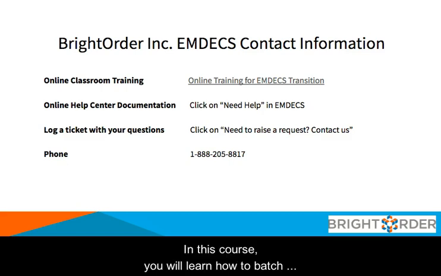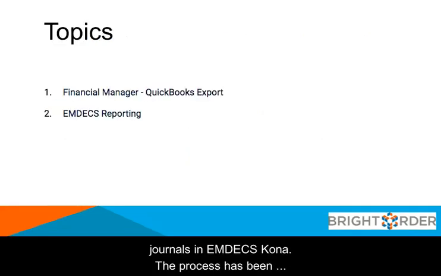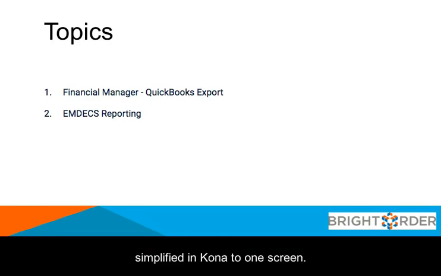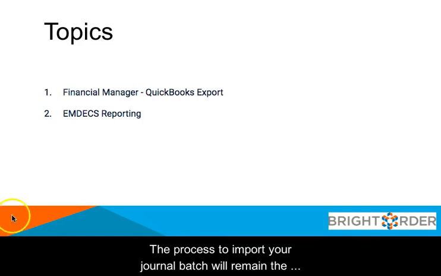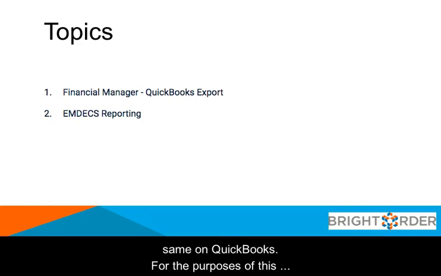In this course, you'll learn how to batch journals in EMDECS Kona. The process has been simplified in Kona to one screen. The process to import your journal batch will remain the same as on QuickBooks today. For the purpose of this training, the login is using the QuickBooks USA version.